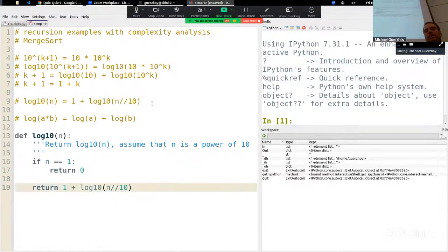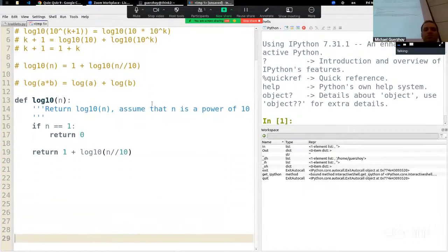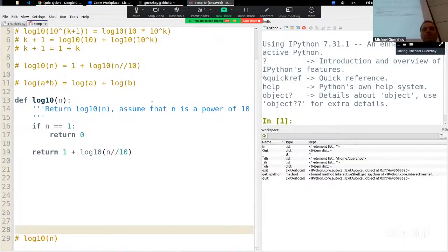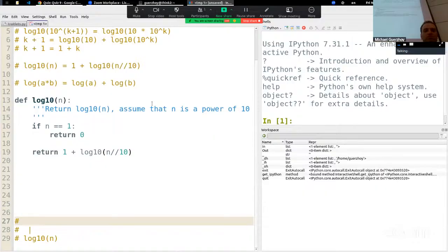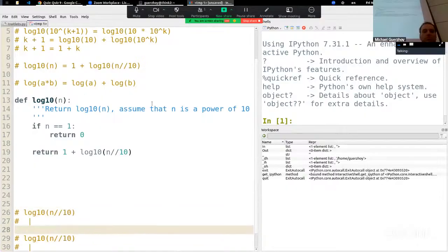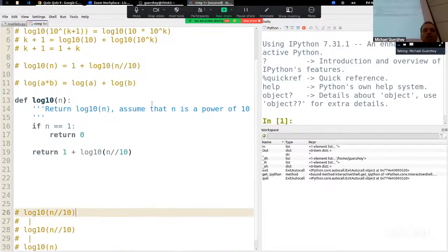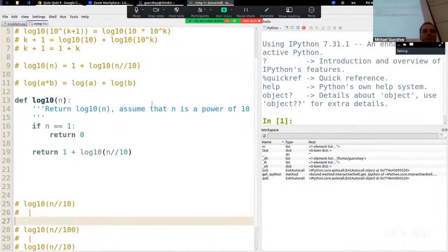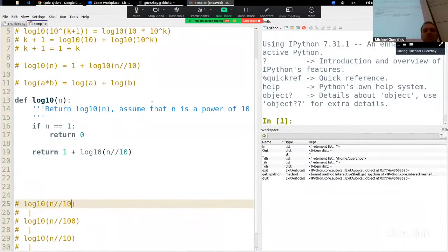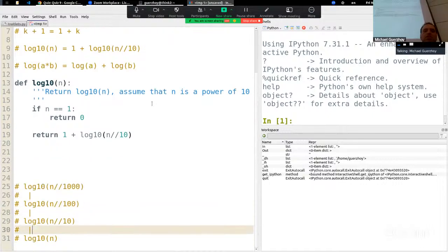So let's say that we want to analyze the complexity of this. The call would be like this. You call it with n, and then you call it with n over 10, and then you call it with n over 100, and then with n over 1,000, and so on.